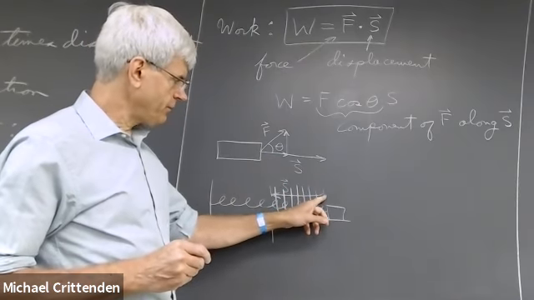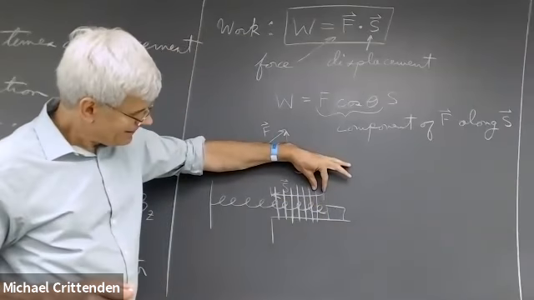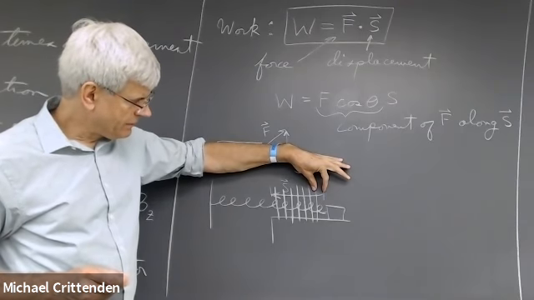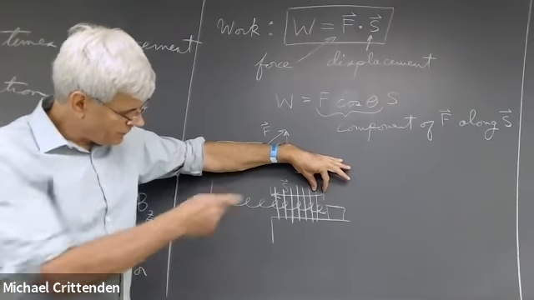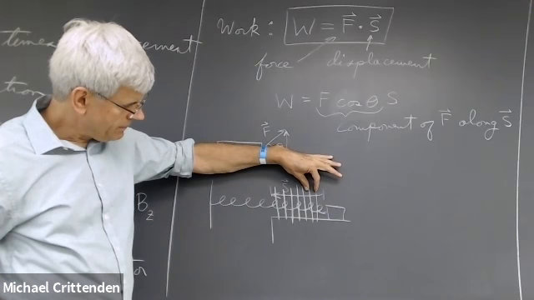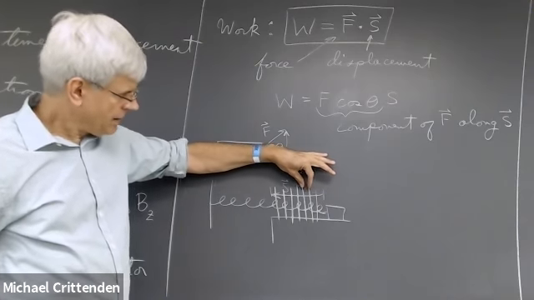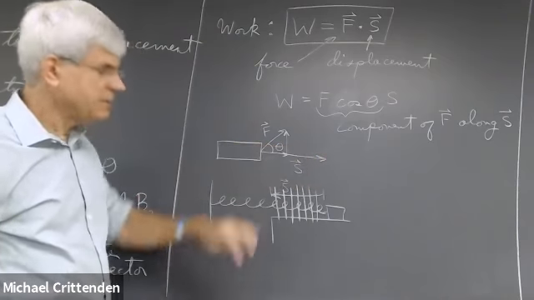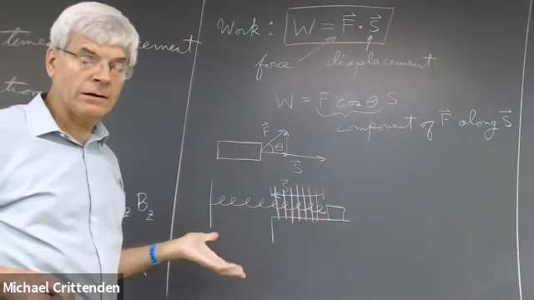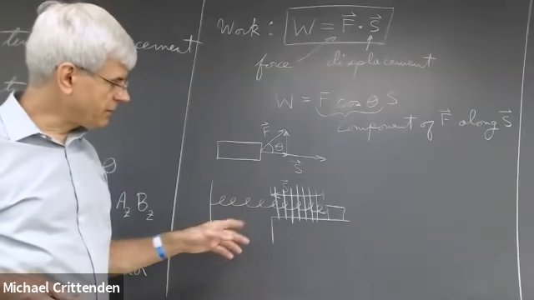You could use that more or less constant force times this much distance to calculate the work done in that part of the overall displacement. Same thing here: the force when the block is there times this short distance, and do that for each little increment, and then add up the work in each little piece to get the total. That would give you a good approximation to the work that's done.